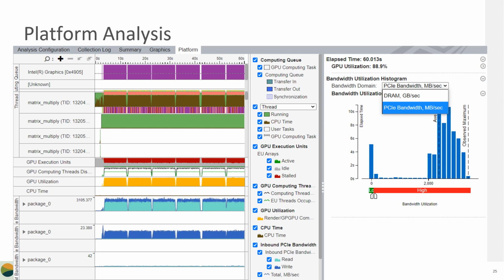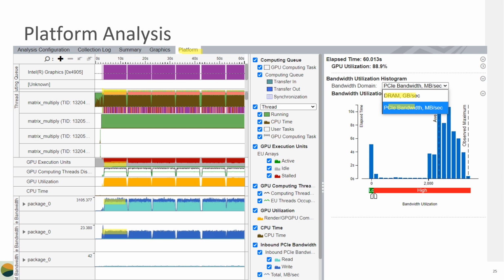So the platform analysis tab is intended to show the overall picture of the application execution in the system, showing the tasks, their timing, and creating queues and so on, the busyness of the GPU execution units and creating compute tasks and so on, and the traffic on the different interfaces like the DRAM controller and PCI, where you can find out either average numbers for the execution or the numbers or limits for the bandwidth during the execution time.